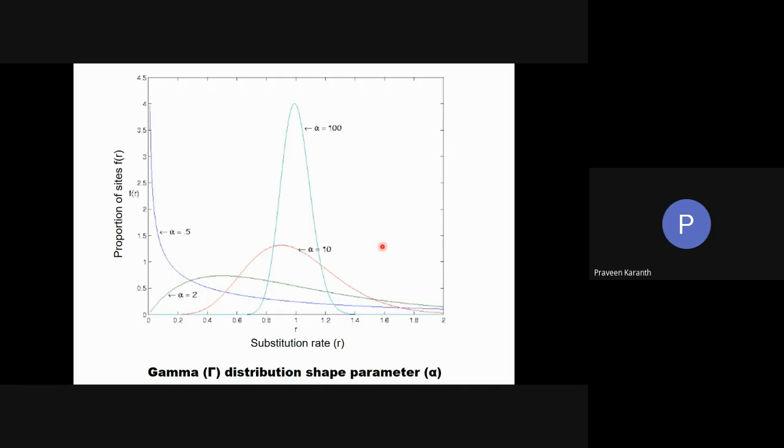If you look at the alpha value of 100 here, it's basically saying that all sites have the same rate of change. So depending on your data set, you can have all these scenarios between these two extremes. One extreme is a neutral marker.